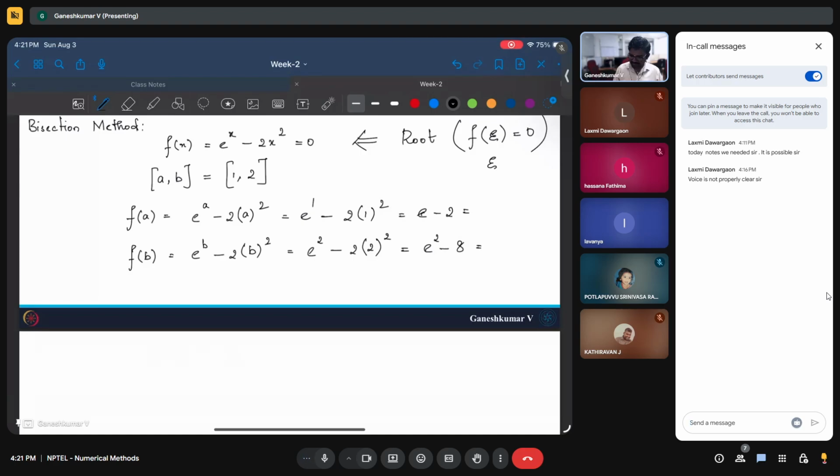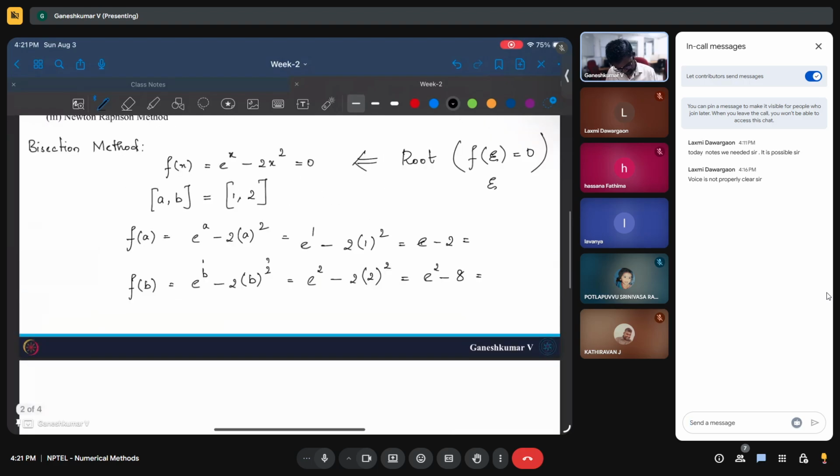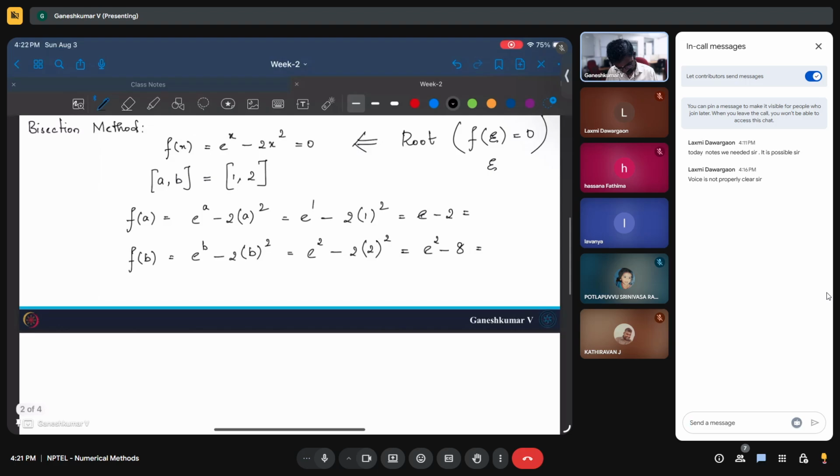How much do these two come out to be? So e minus 2, I think it will be somewhere like 1.353, and this will be minus 0.6109. Please check whether these numbers are right.